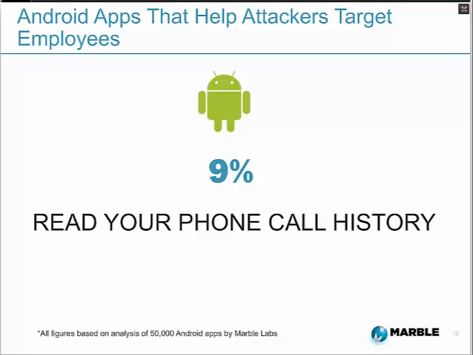This helps the hackers and criminals create basically a graph of who's texting whom, who's calling whom, and that makes it very easy for them to target employees with further attacks.